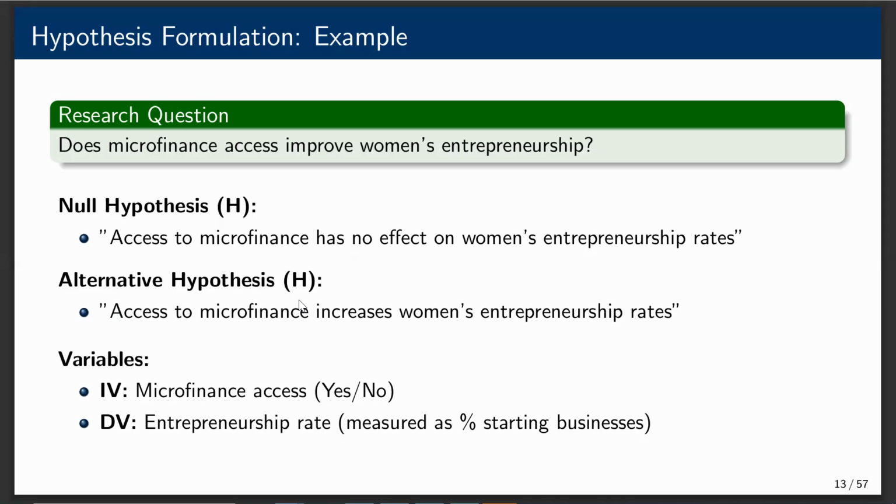The alternate hypothesis, H1, is, access to microfinance increases women's entrepreneurship rates. Right? So what are the variables over here? The independent variable is microfinance access, which is yes or no. The dependent variable is entrepreneurship rate, which is measured as percentage starting business. Okay, so please see, and you can ask me after the session if you have any doubts.